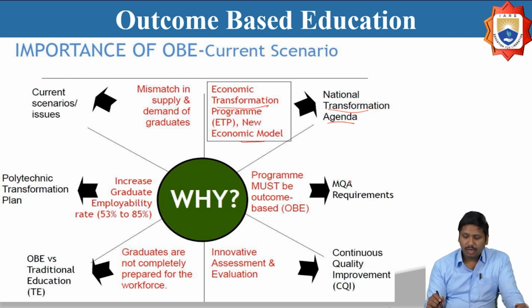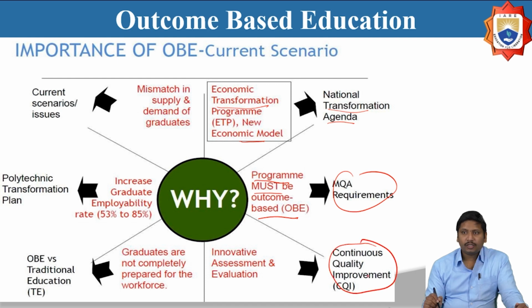And in order to meet these MQA requirements, the program must compulsorily be outcome based education. And in order to make this continuous quality improvement, CQI, the innovative assessment and evaluation will be required for implementing the CQI.